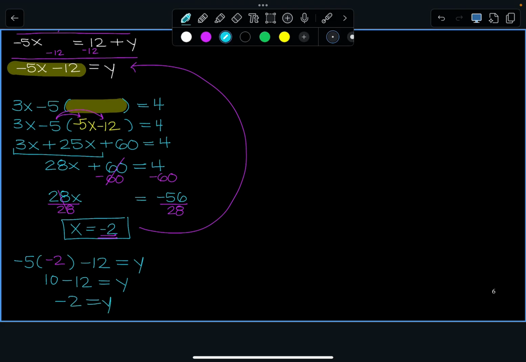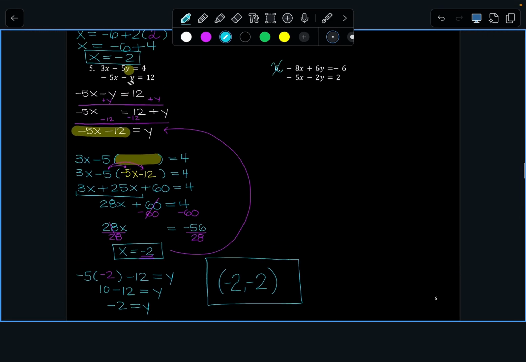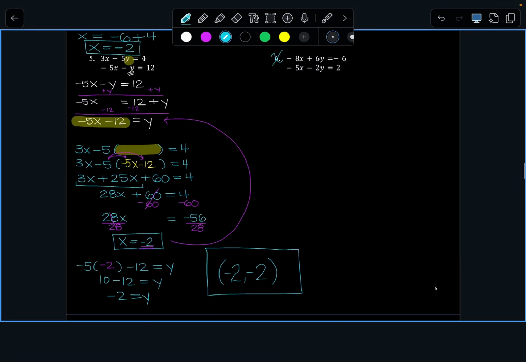Just so happens that this ordered pair is negative 2 comma negative 2. And then we're going to skip number 6. Hopefully that makes sense. The more you practice, the easier this process will become.